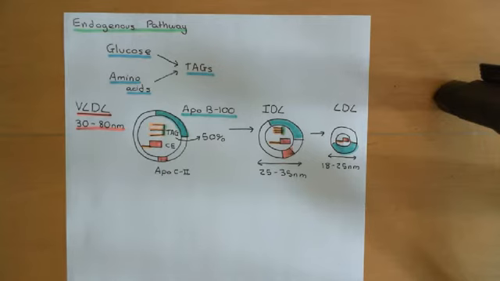So that now is the endogenous pathway completed. This is how the liver produces these VLDLs, which supply triacylglycerols to the muscle tissues and to the adipocytes. Then the remnants of these VLDL particles, after they've lost the triacylglycerols, first transition into intermediate density lipoprotein, and then finally become LDL lipoproteins.